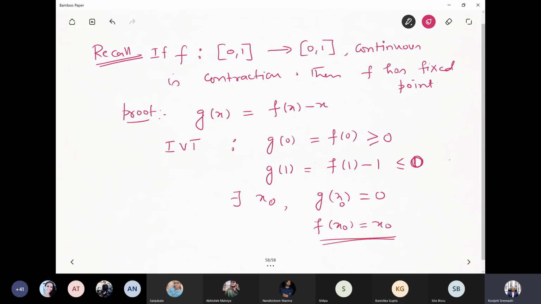Uniqueness is not difficult. I will show you when I do the metric space, then you will see how to show the uniqueness. So basically the existence of the fixed point is the intermediate value theorem in the case of calculus, when we have just the interval.